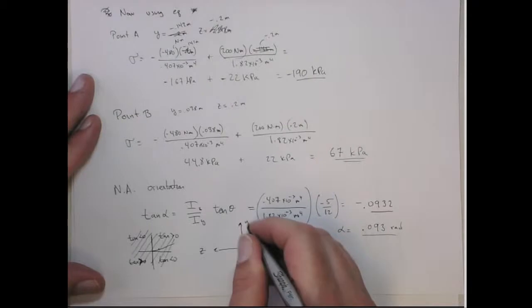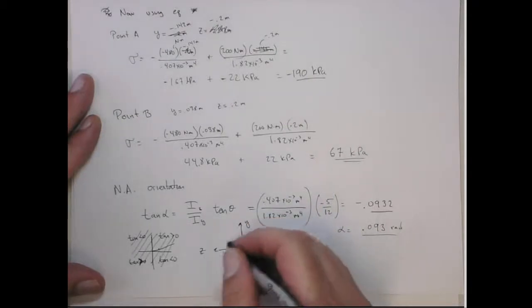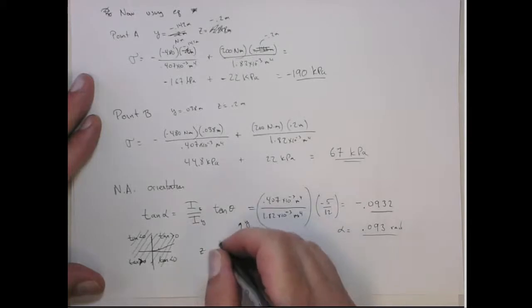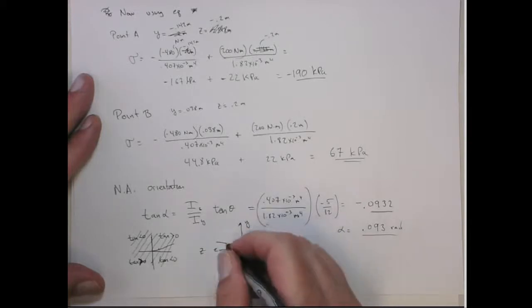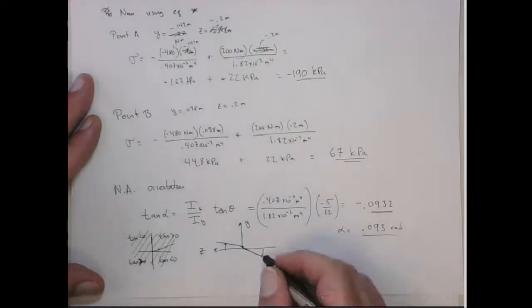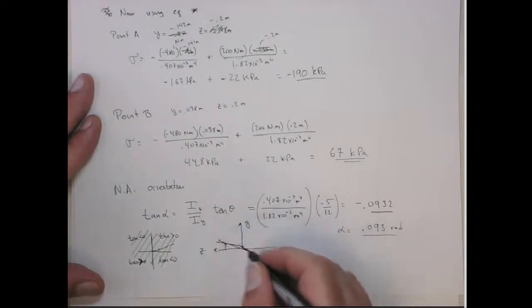There's Z and Y, and we're defining positive angles in this sense, right? So in fact, if I have an angle here, this could be alpha, or it could also be this alpha, the one that's 180 from it. But actually, it doesn't really matter because those define the same neutral axis, right?